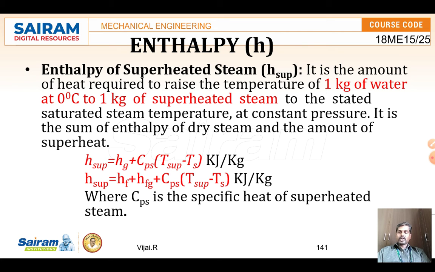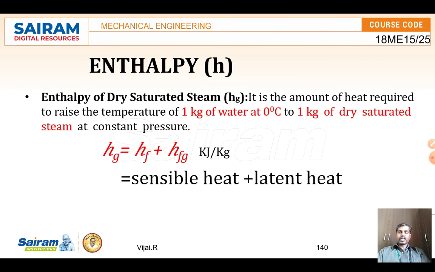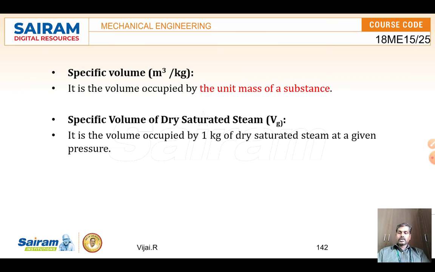Next we can go for the specific volume. Specific volume means how much volume is occupied per kg of steam, per kg of the substance. If you take 1 kg of wet steam, we say specific volume of wet steam.